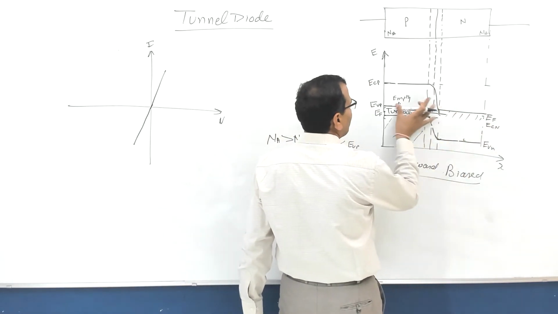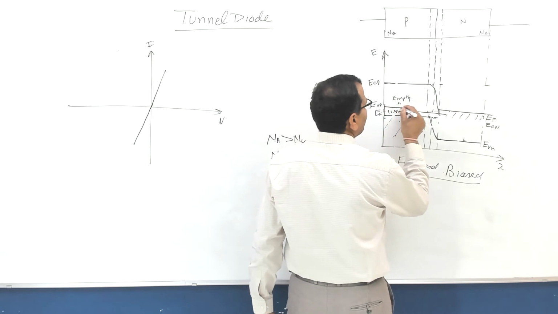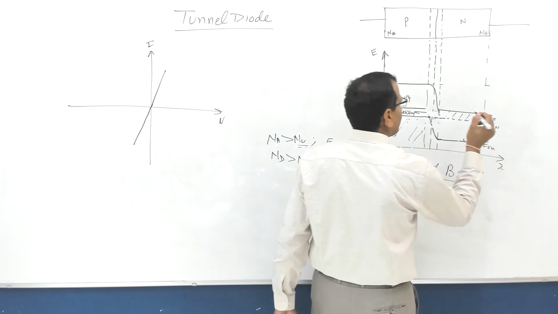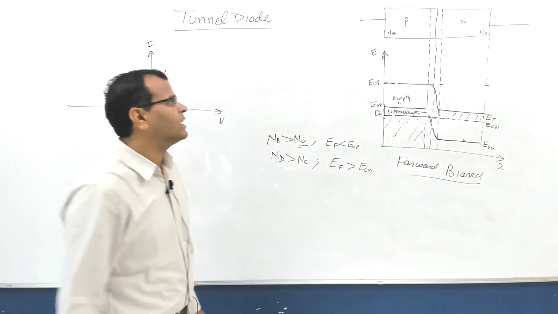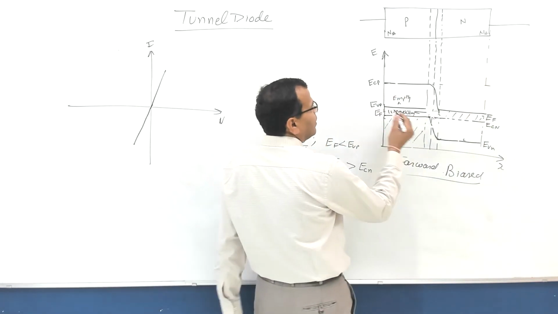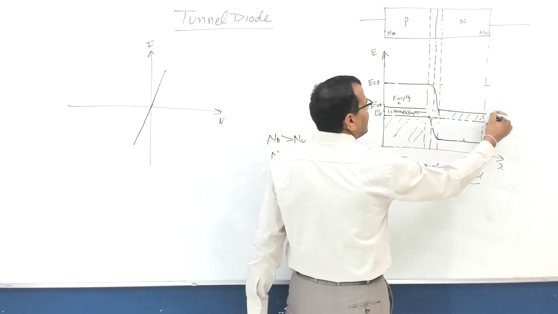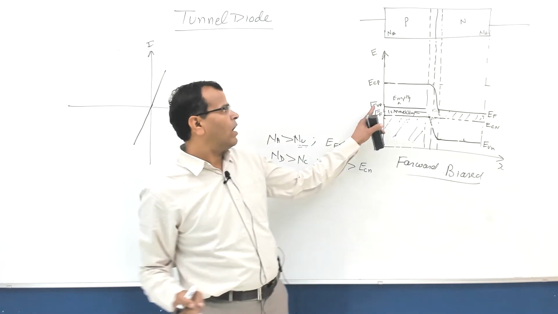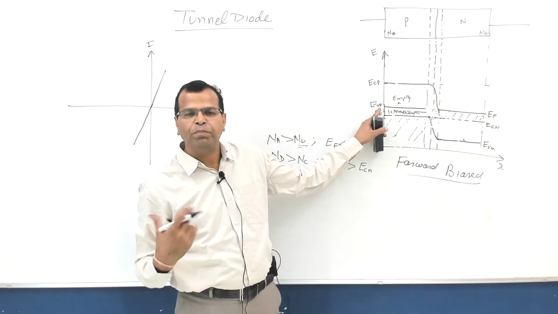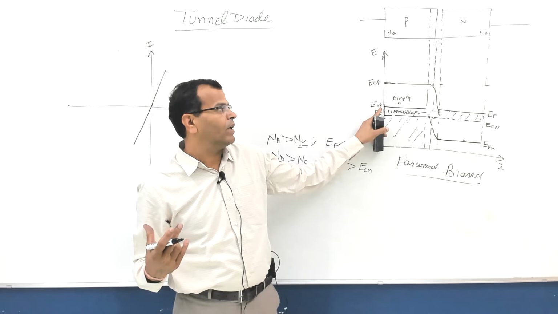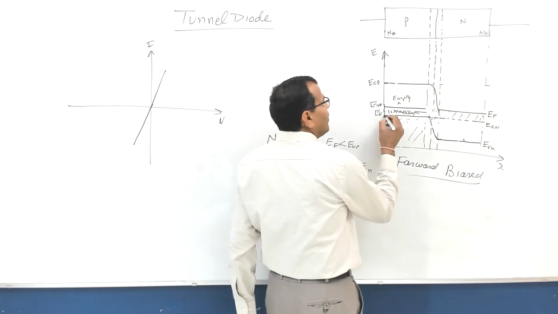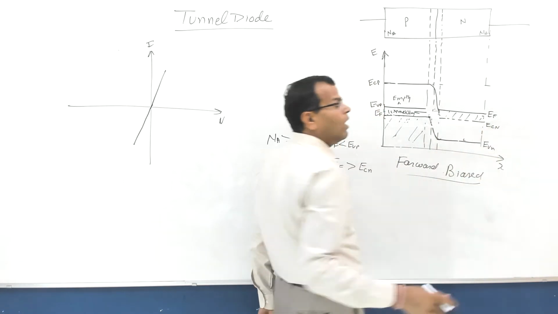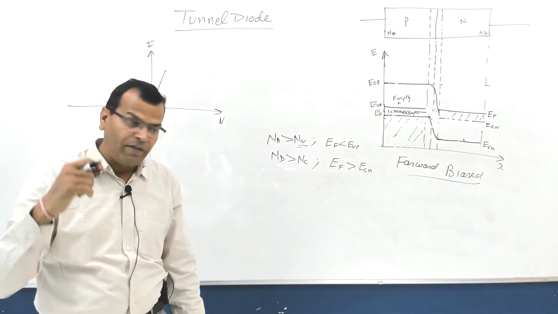Now let us see the case where you increase the forward bias. There will be a stage when the Fermi level on N side will coincide with EVP, that is the highest energy level of the valence band on P side, and the Fermi level on P side will correspond to the lowest energy level of the valence band.